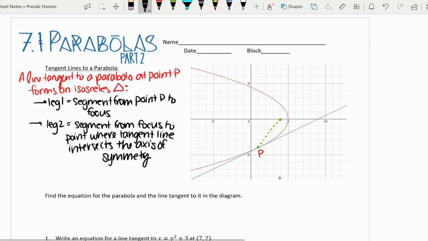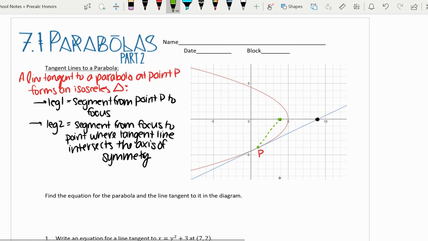So picture the axis of symmetry right here. I'm going to just leave it there for now. I'm going to erase it in a second. But where it intersects our tangent line, which is this point right here, and then the focus is going to be the other leg. So I'm going to erase our axis of symmetry now, and I'll just have those 2 points.